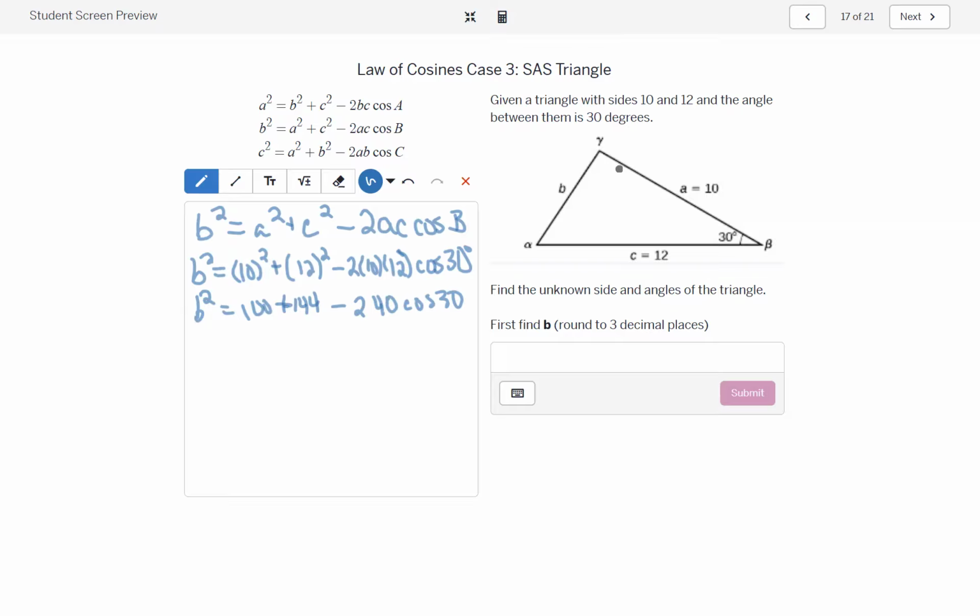And then they'll multiply that result by the cosine of 30. And the problem is that the cosine of 30 is not multiplying all three of those numbers. It's only attached to the minus 240.